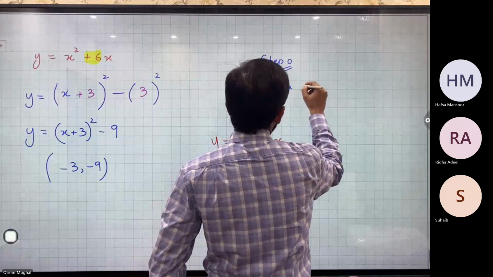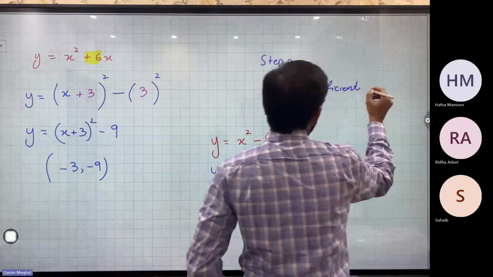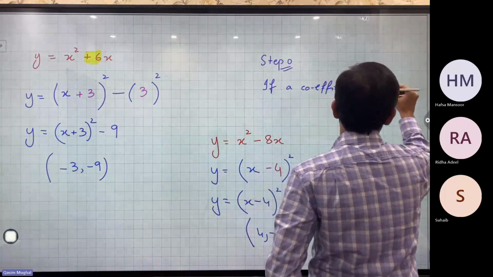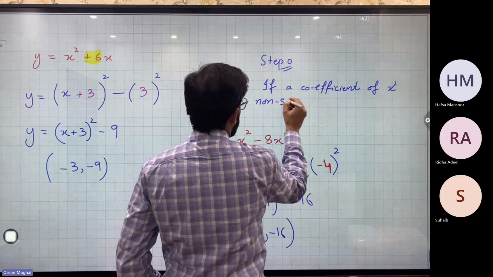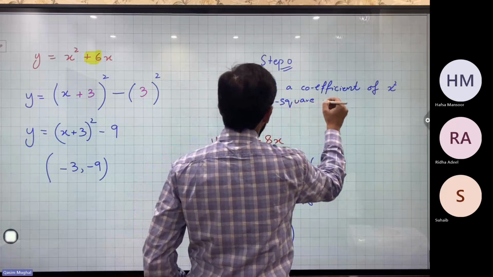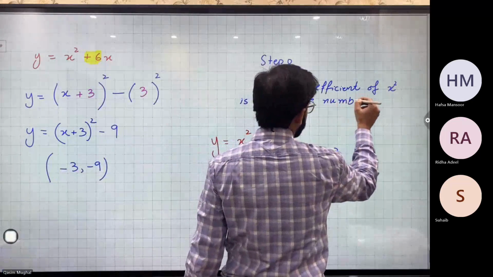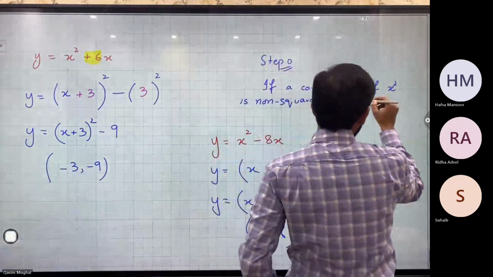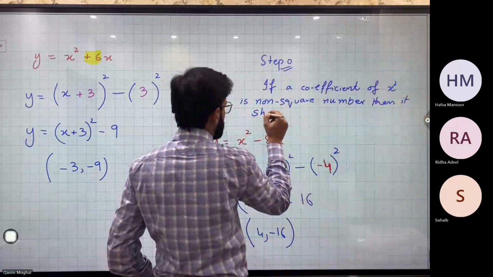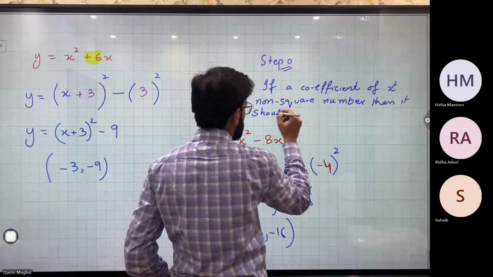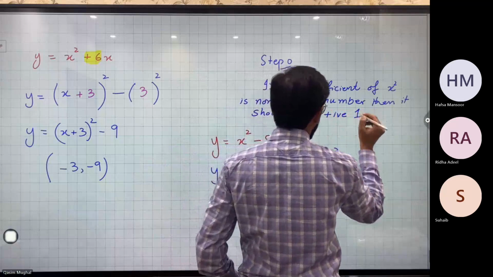If the coefficient of x squared is a non-square number, then it should be made +1.